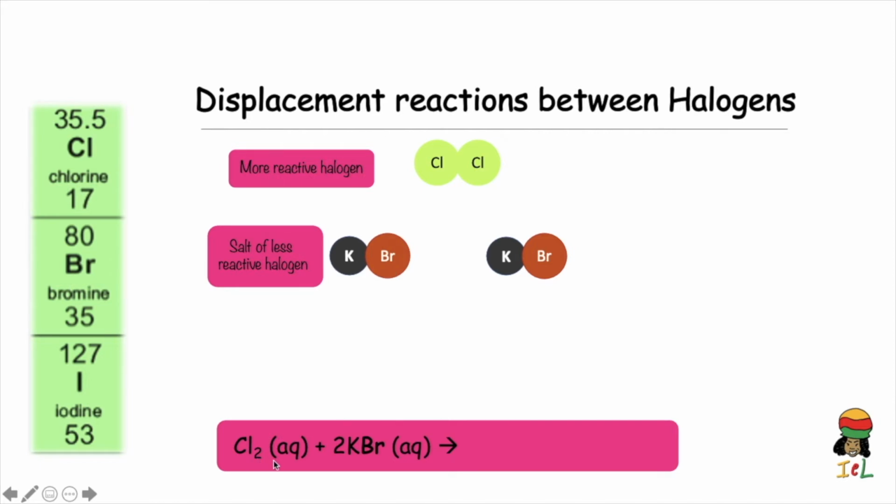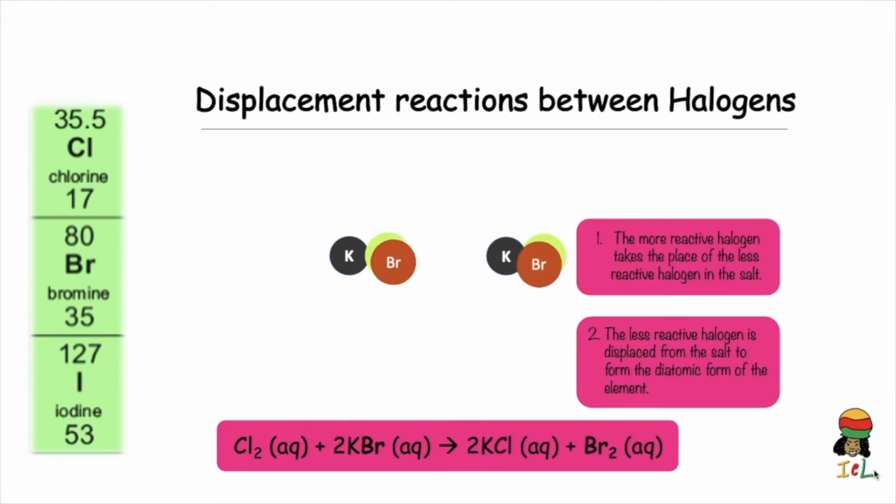To start the chemical equation, as we have at the bottom of our screen, notice we have one molecule of chlorine, Cl2, reacting with two molecules of potassium bromide, KBr. Note that we're using chlorine water instead of chlorine gas, hence the state symbol aq for aqueous. When the reaction occurs, the more reactive halogen, in this case chlorine, displaces bromine, the less reactive halogen, from its salt.